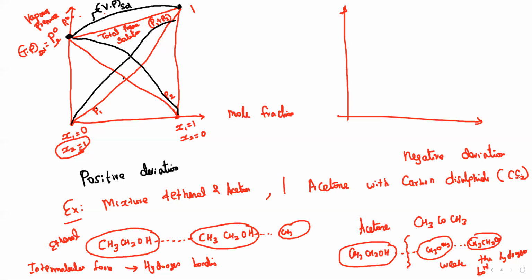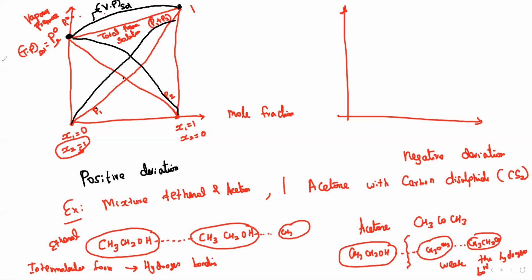If you add carbon disulfide to acetone, the bond strength between acetone and carbon disulfide is less than the bond strength of acetone or of carbon disulfide alone. So if you mix these two, the intermolecular strength is reduced. So it results in the positive deviation.